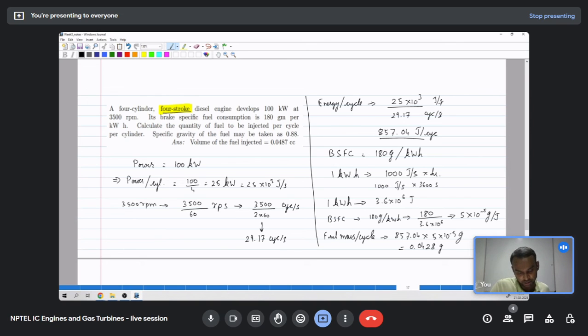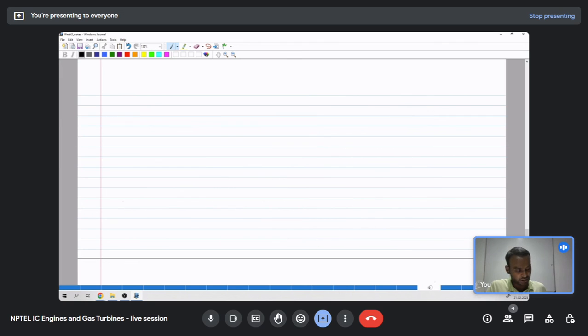Now we need to calculate the volume. It is given the specific gravity is 0.88, that is, the density of fuel is also 0.88 gram per cc.